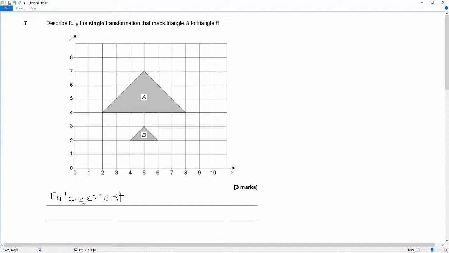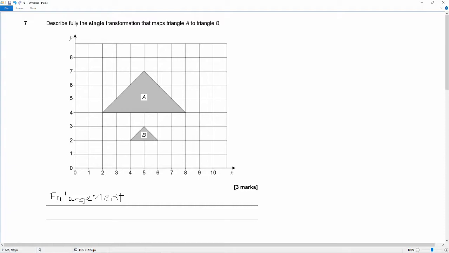Now, in terms of how much, the base of this triangle A is 1, 2, 3, 4, 5, 6 units, and the base of triangle B is 2 units. So triangle B has shrunk by a factor of 3, but we don't say shrunk, we say enlargement.